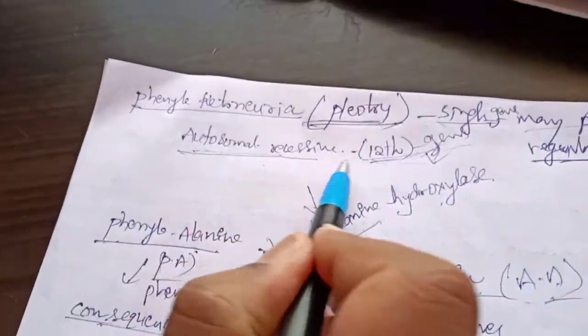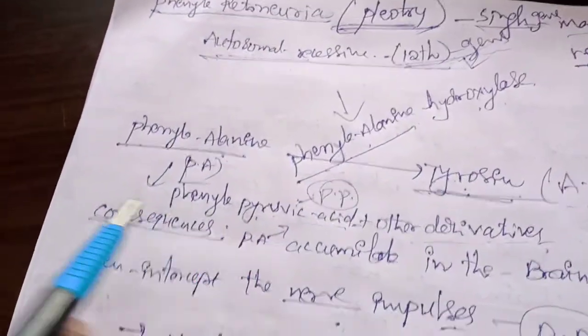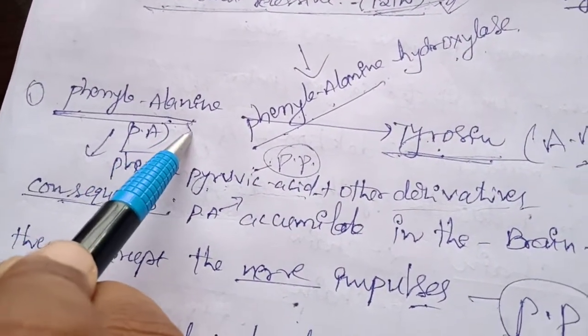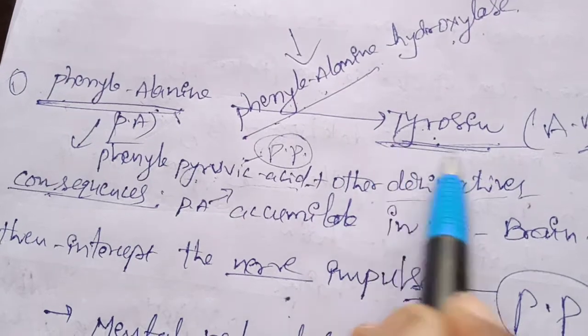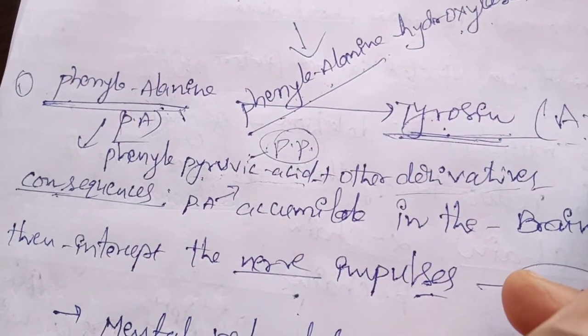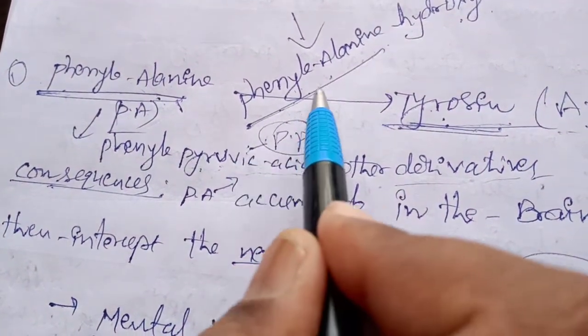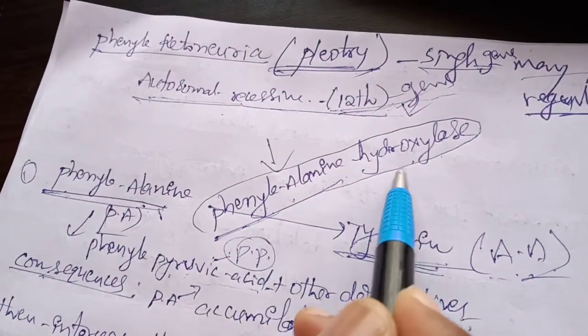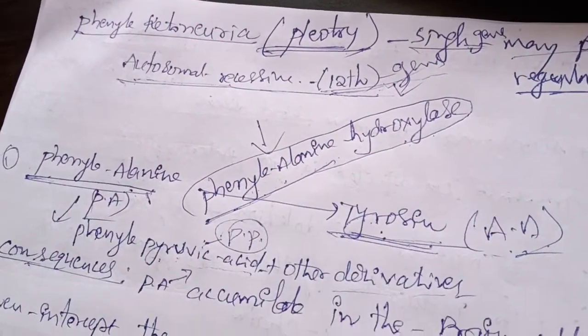It is autosomal recessive. Phenylalanine is converted into tyrosine in the presence of the phenylalanine hydroxylase enzyme.